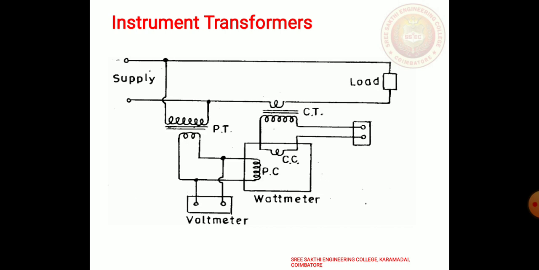One secondary terminal of each transformer is connected to the earth end. The errors in good modern instrument transformers are small and may be ignored for many purposes.